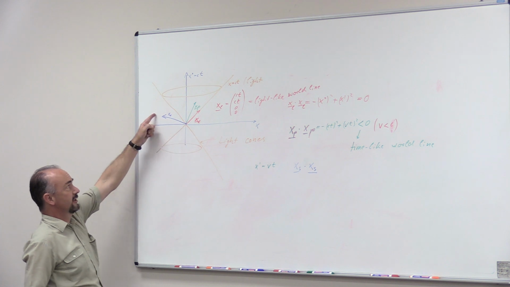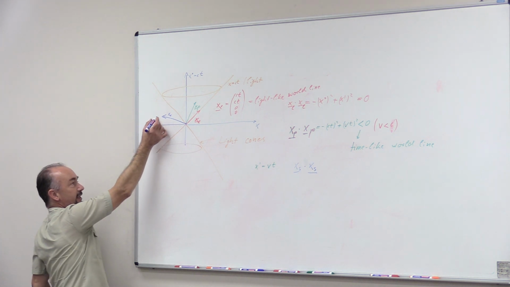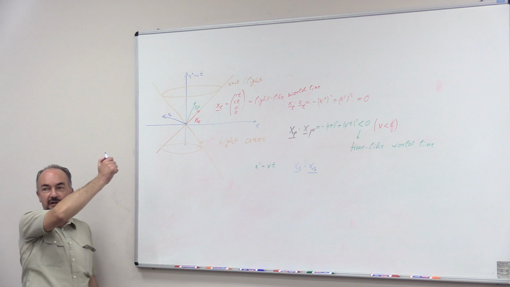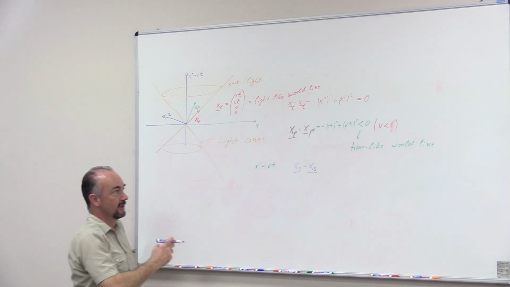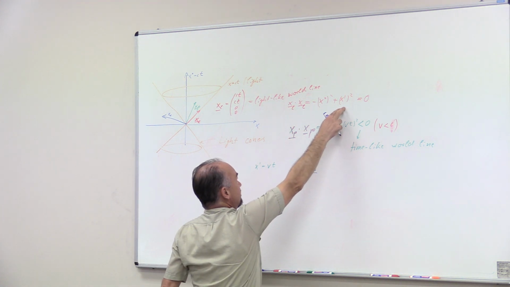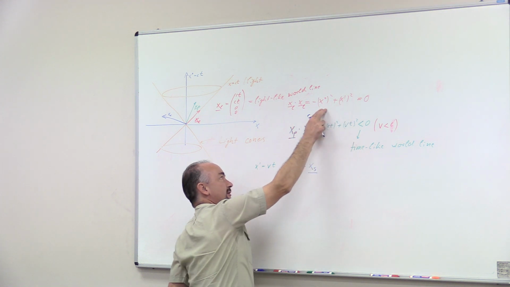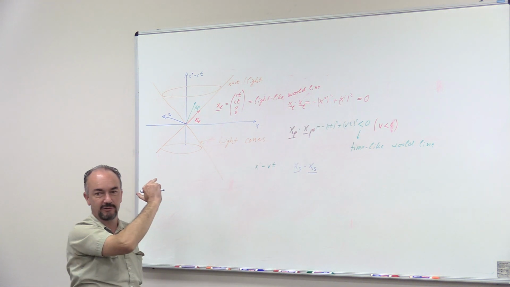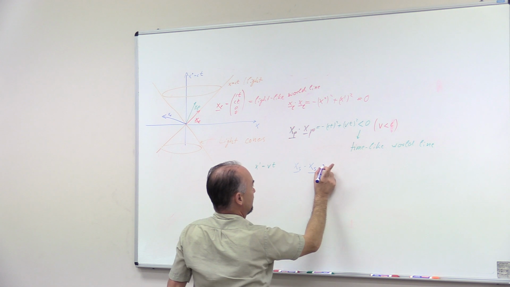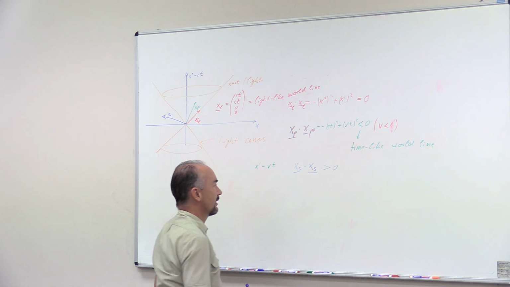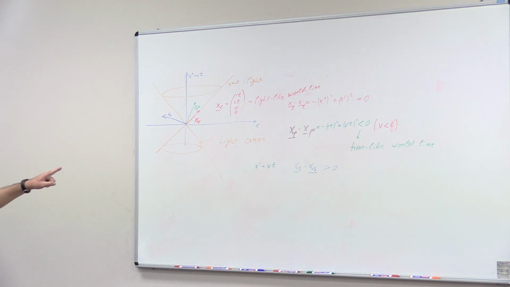And this would correspond, if we were actually going that way, to going faster than the speed of light. So our space component would suddenly be larger than the time component. So it would be greater than 0. And obviously no physical particle can actually do that.